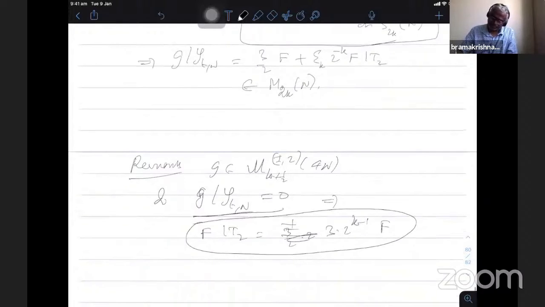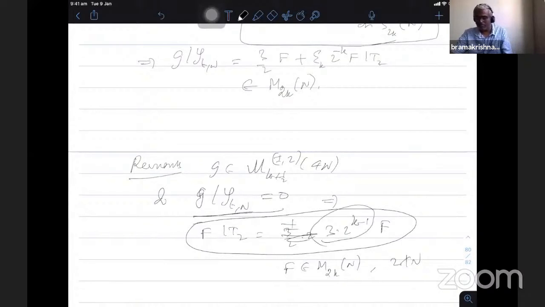F belongs to M2k of n, 2 not dividing n. So in the integral weight case, the Hecke eigenvalues cannot take these 3 into 2 power k minus 1 for weight 2k. Therefore, that will be a contradiction.